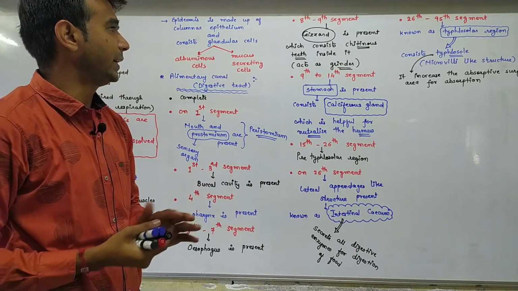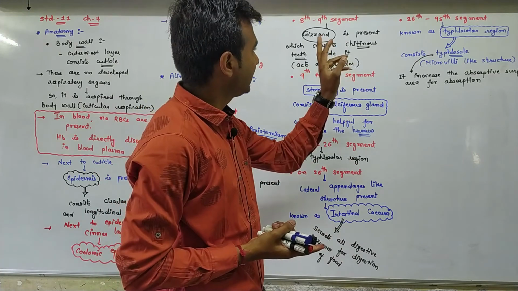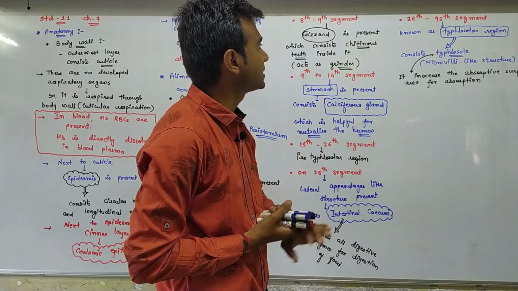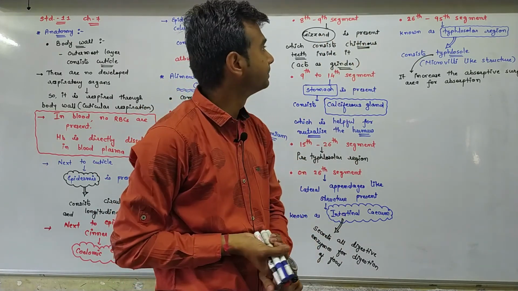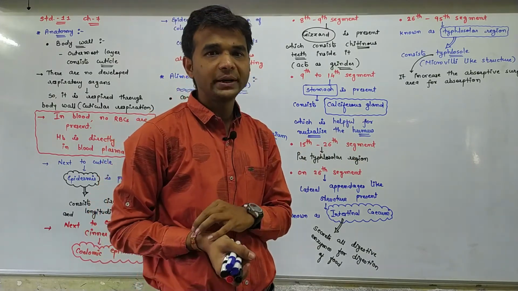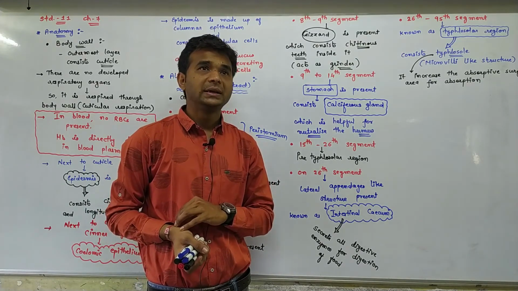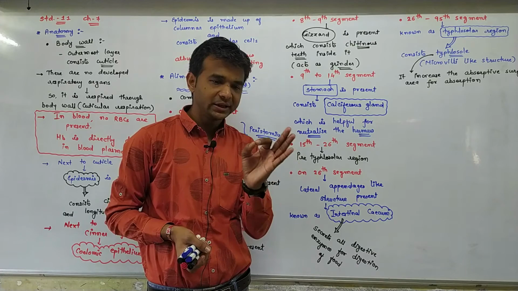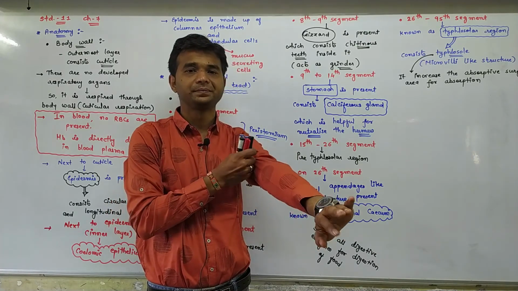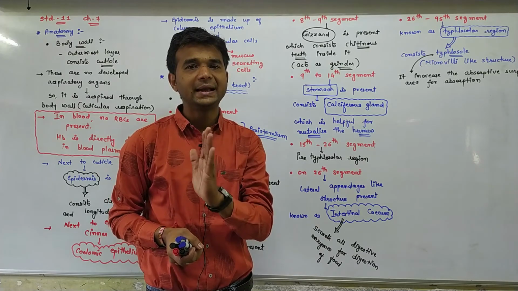Wait, I will combine all these topics. The long region from the 26th to 95th segment of the body is known as the typhlosolar region. Here in the typhlosolar region, typhlosoles are present. These typhlosoles are microvilli-like structures.